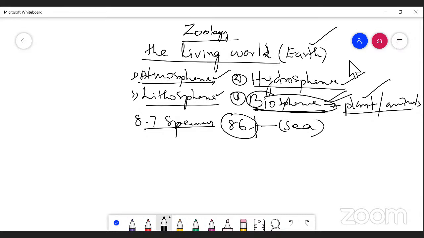But among the ocean aquatic species, 91% have not been found out, they are yet to be identified. So only 86% of species we have found, described and classified into categories.